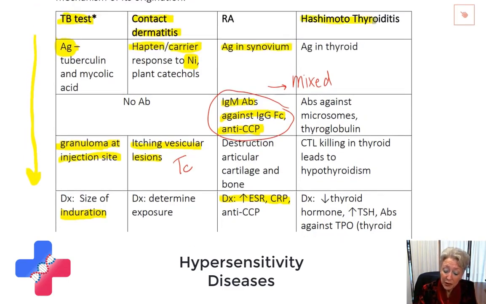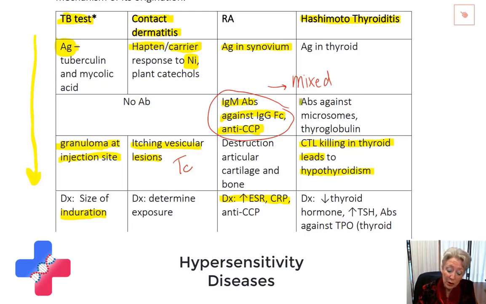Hashimoto thyroiditis, to contrast with Graves' disease, which we already talked about. Remember, Graves' disease was a type 2 non-cytotoxic. Hashimoto's is a type 4 because cytotoxic T cells are going to kill thyroid cells, and so I'm going to have death of the cells leading to hypothyroidism. Okay?